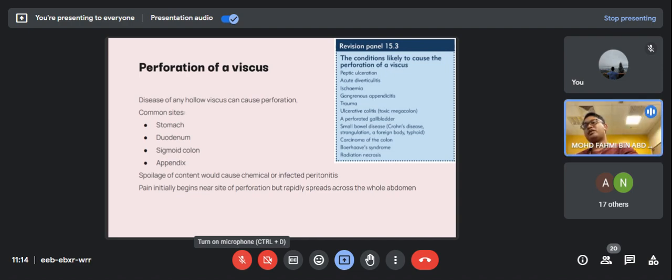Does the stomach easily get gangrene? Less likely. Why? Because the stomach is supplied at the lesser curvature and greater curvature, so there are no end arteries.